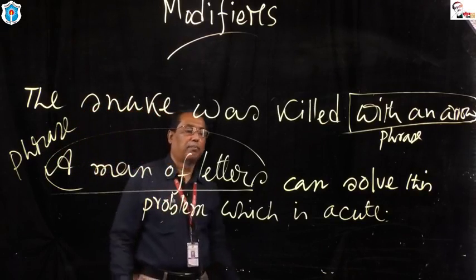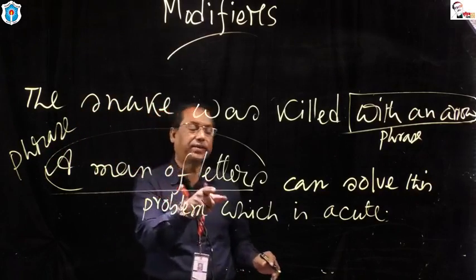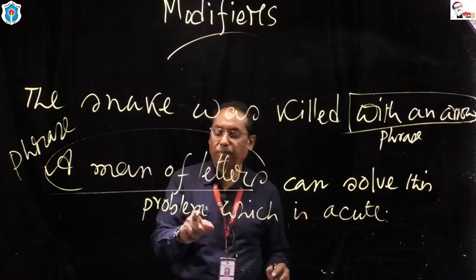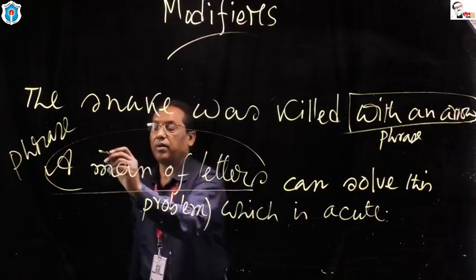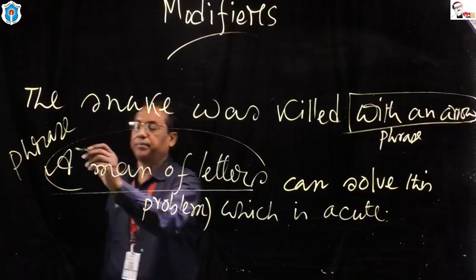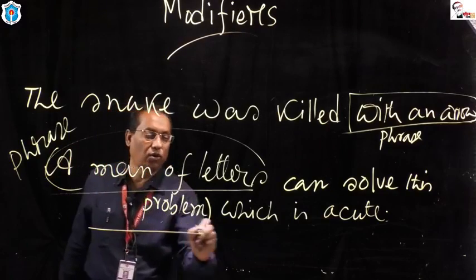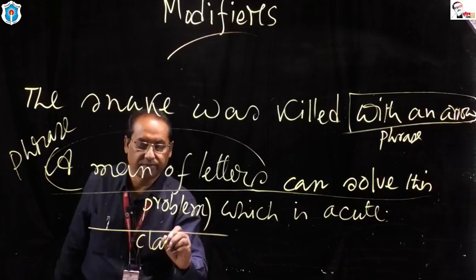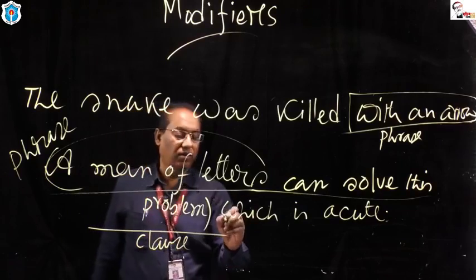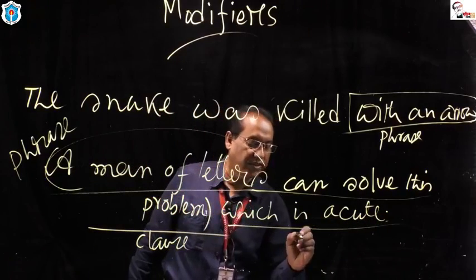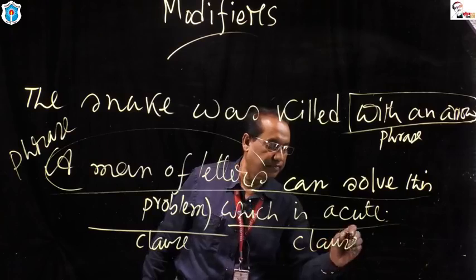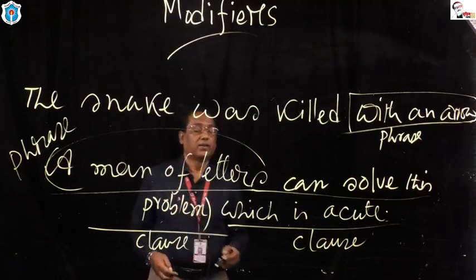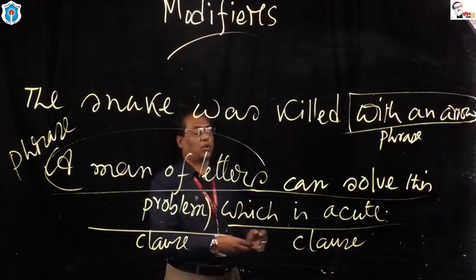But a man of letters can solve this problem, this is a clause. Again, which is acute. This is another clause. So in this sentence, there are two clauses.